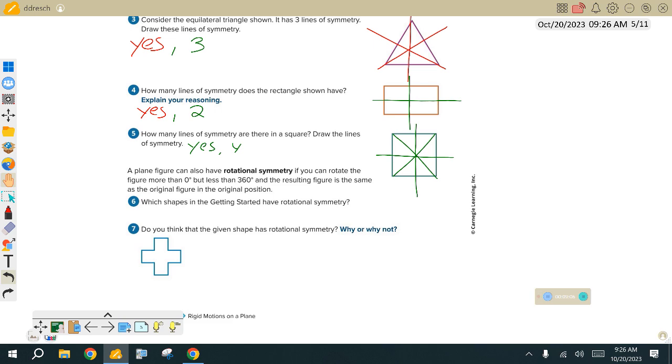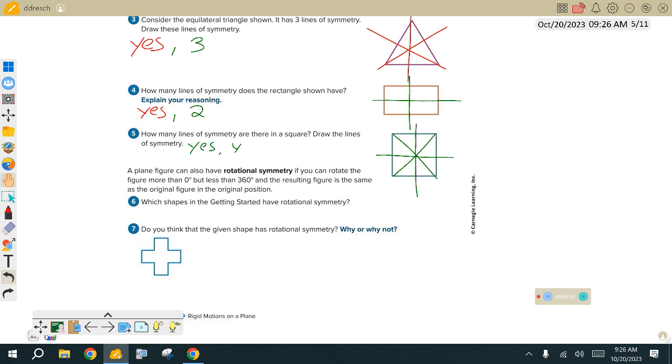So what that really means is, and what you're going to find out, it's going to be no more than 180. Okay, no more than or equal to 180. 180 is the max, is where we're going to be at technically, as we do a few of these. You're going to find out it's going to be somewhere between 0 and 180, inclusive of 180. Okay, so let's look at that first picture then. On that first picture, do we have rotational?